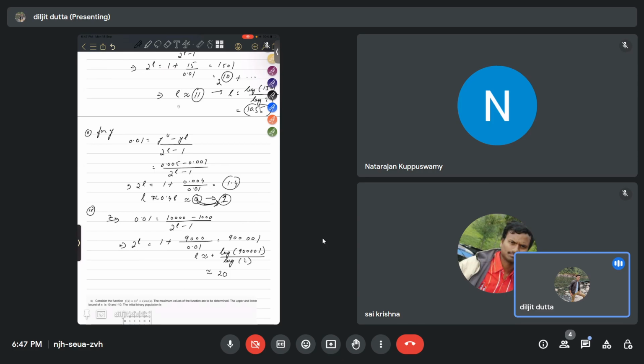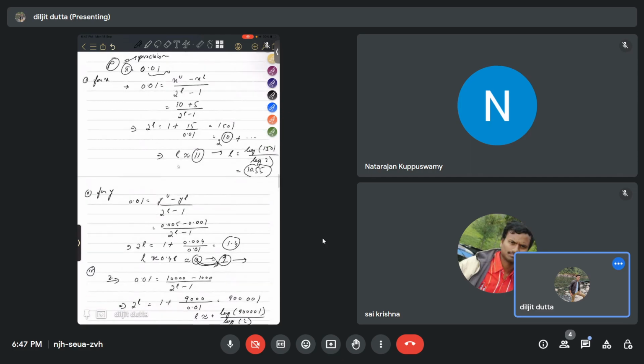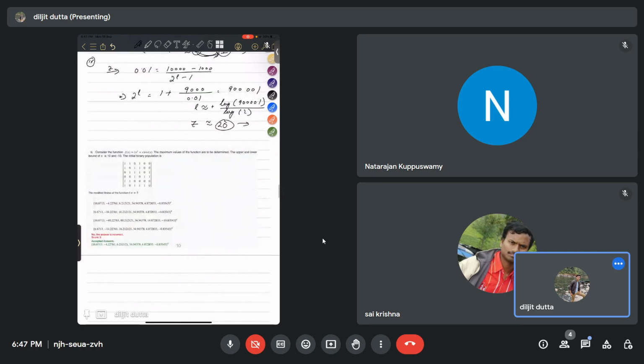So 1 bit for y, 20 bits for z, and 11 bits for x. So the final chromosome will be: for x it will be 11, for y it will be 1, and for z it will be 20.